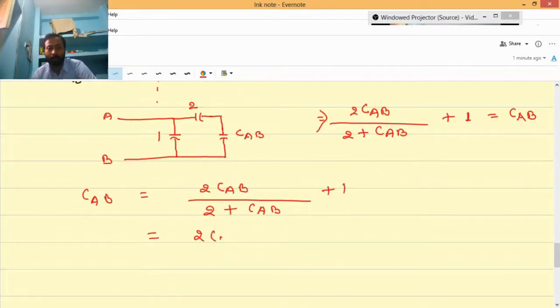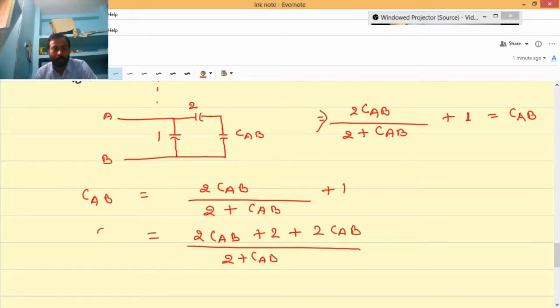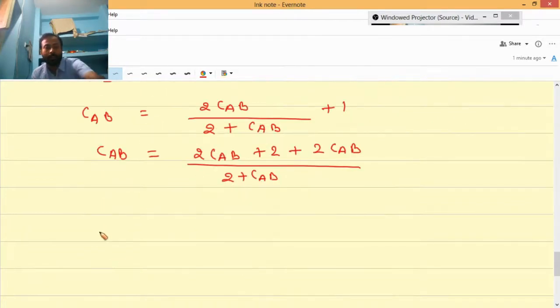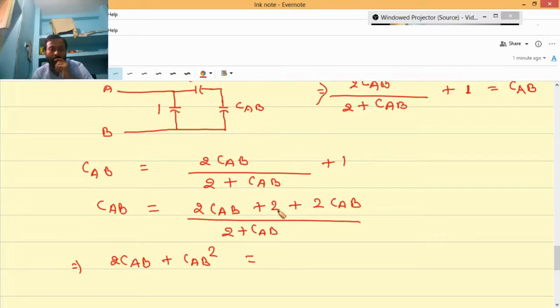So C_AB equals 1 times 2 plus C_AB, plus 2 C_AB, all divided by 2 plus C_AB. Multiplying through, we get 2 C_AB plus C_AB squared on the left, and 2 plus C_AB plus 2 C_AB on the right, because here 1 is there, so 1 multiplied by 2 plus C_AB. Wait, no 2 will be here, so you just correct it.